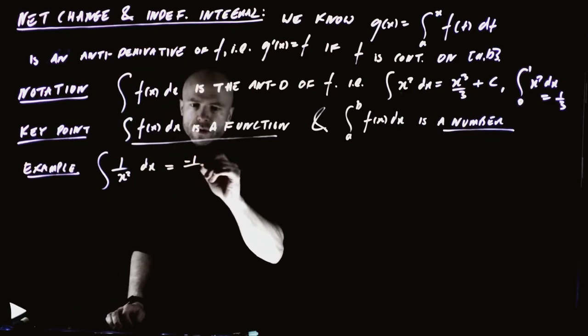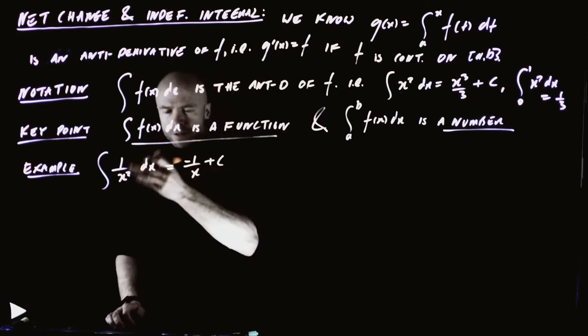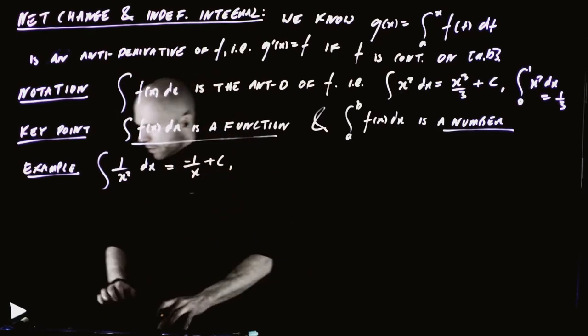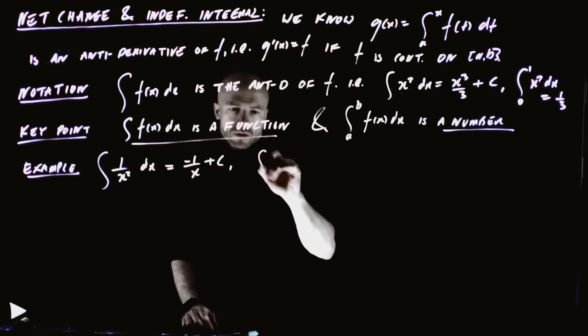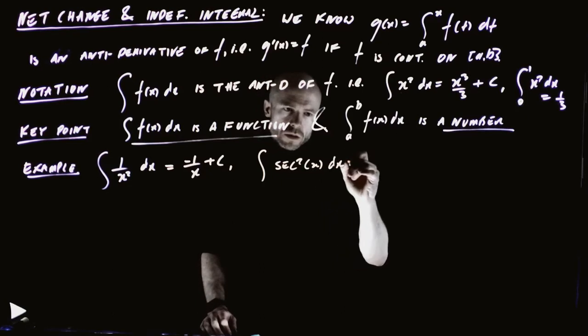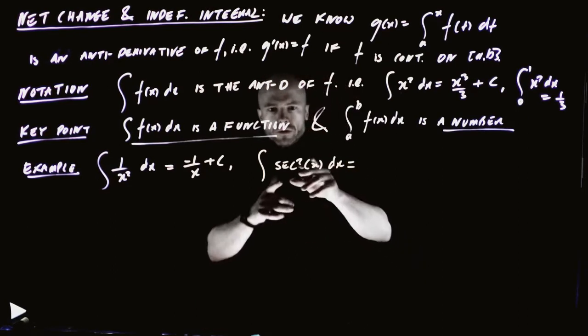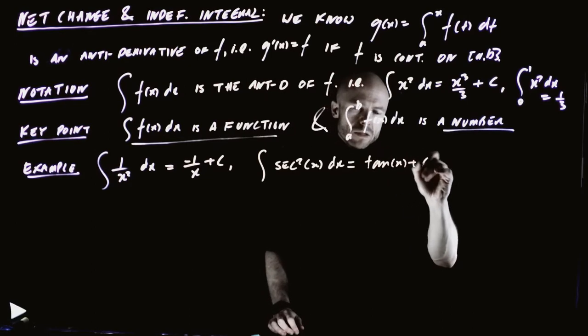It's going to be minus 1 over x plus constant c, right? We differentiate this to get this. Let's do another example. Let's do sec squared. What's the antiderivative of sec squared? It's going to be tan of x plus constant c.